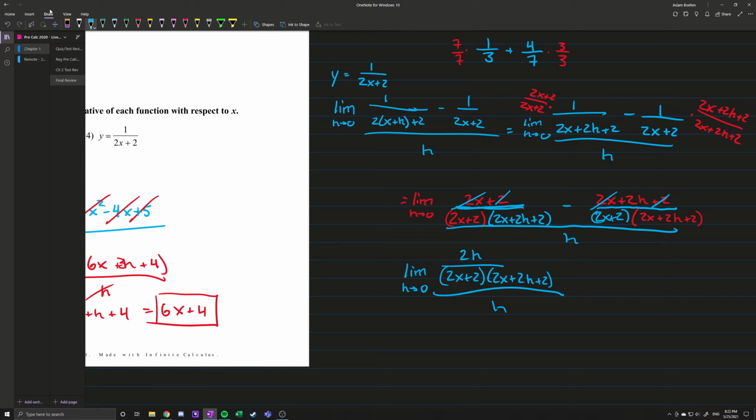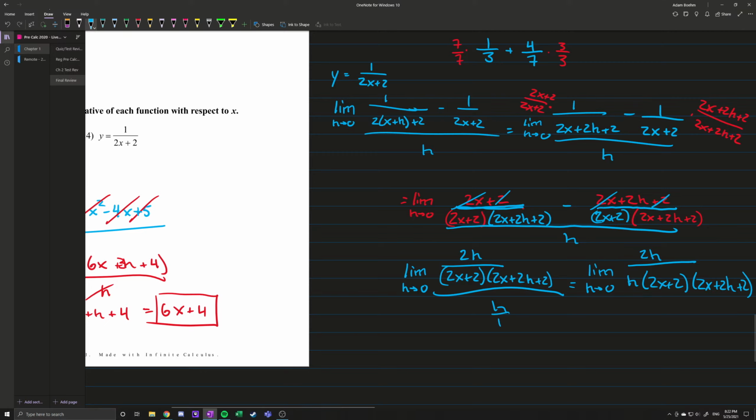And whenever we're dividing by something, in this case h over 1, we're multiplying by that reciprocal. So then we get the limit as h approaches 0 of 2h over h times 2x plus 2 times 2x plus 2h plus 2.